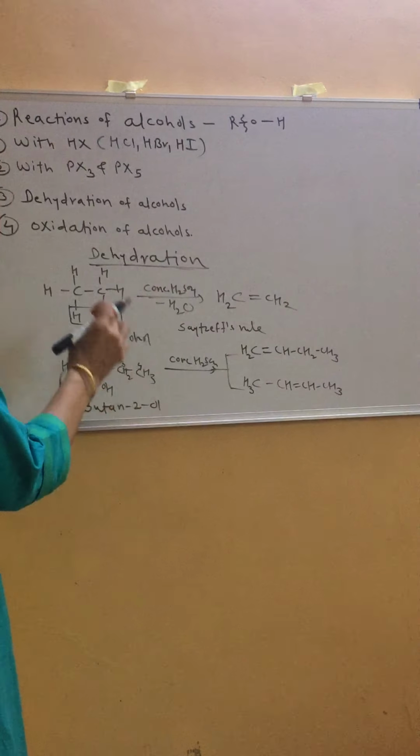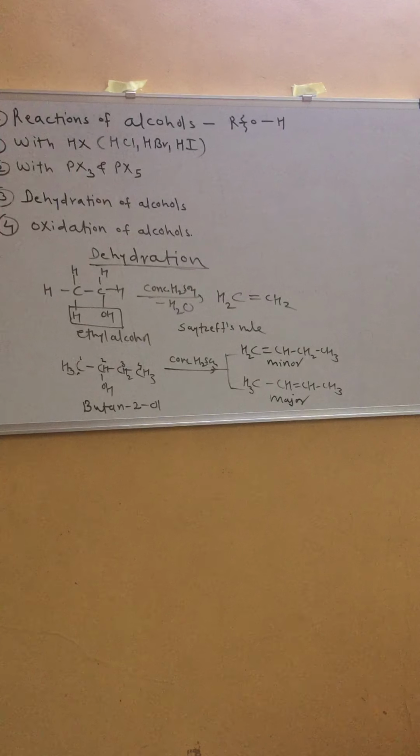In this particular alkene, of the doubly bonded carbon atoms, one carbon atom has both hydrogen atoms, and the other carbon atom has a hydrogen and only one alkyl group. But in this alkene both doubly bonded carbon atoms contain alkyl groups. So this will be the major product and this will be the minor product.